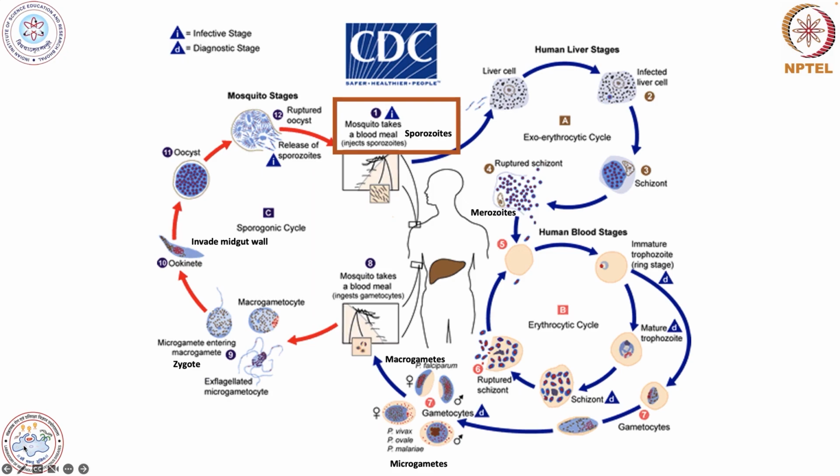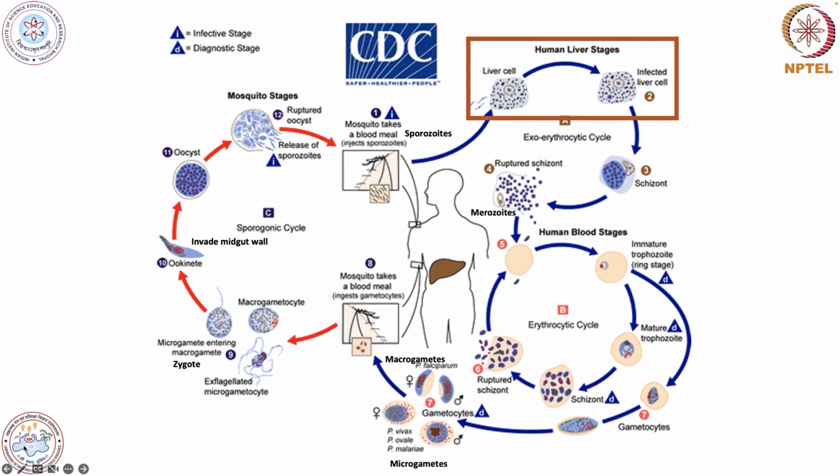As soon as these sporozoites go into the human body, they immediately disappear from the blood and infect the liver cells. And over there, these sporozoites will mature into schizonts.